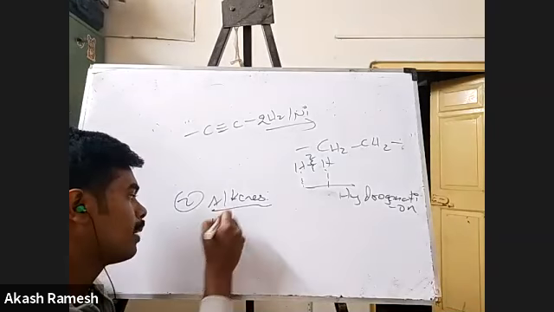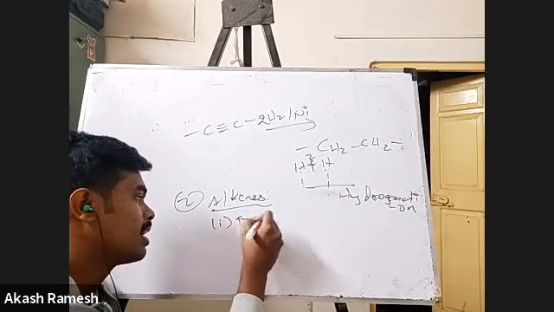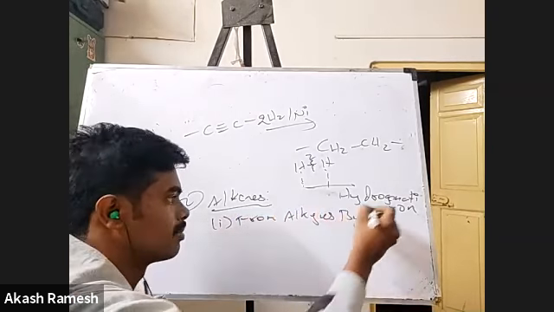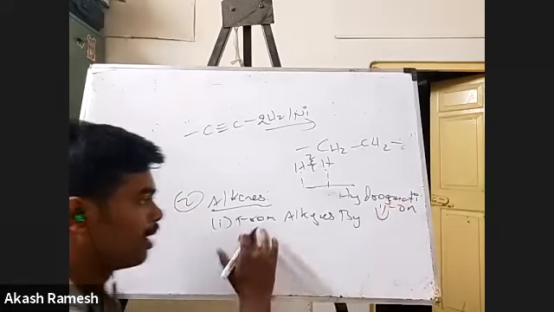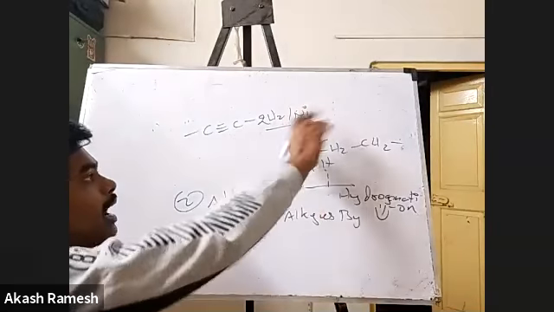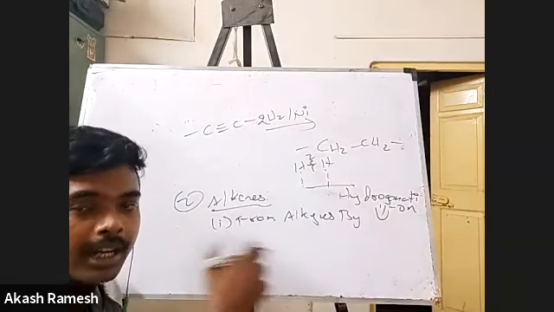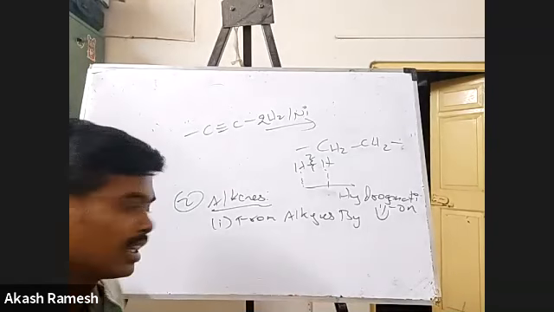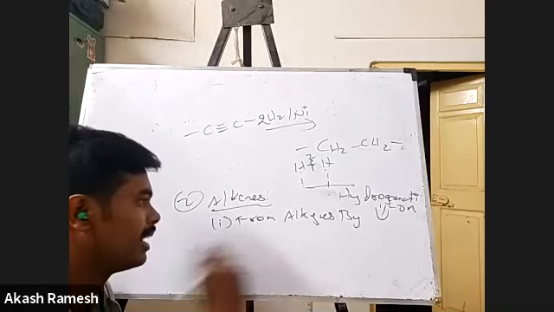Now, how are alkenes prepared from alkynes by hydrogenation? In the previous case, you saw I added 2 moles of H2. Now I'll add only 1 mole of H2 to form alkenes, by direct hydrogenation.